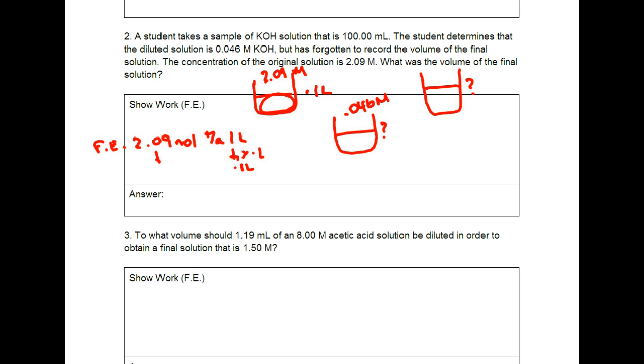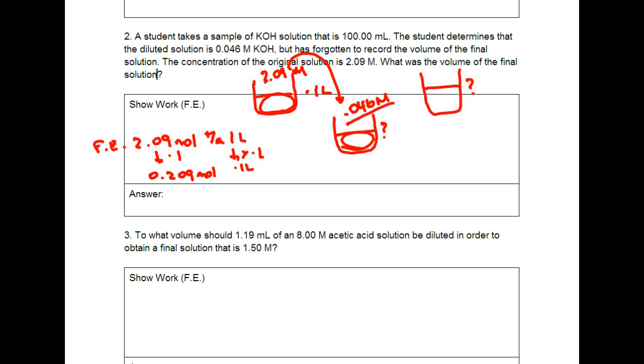So we multiply both sides times 0.1, and what we should get is 0.209 moles in 0.1 liters worth of it. So if we use this solution to pour in there, then we know exactly how many moles are there. If we know the number of moles, then we can figure out how much volume we have.